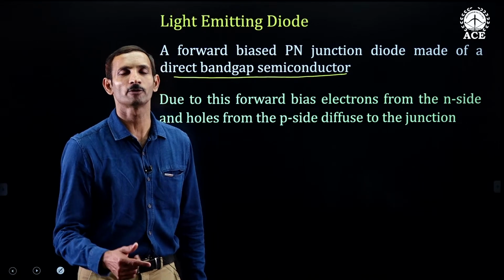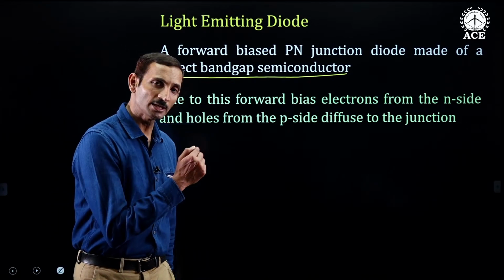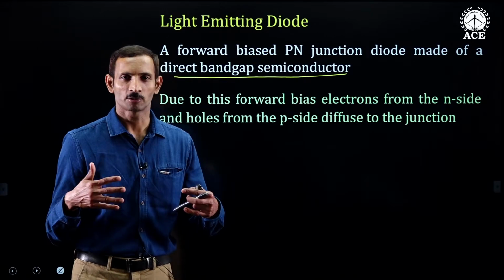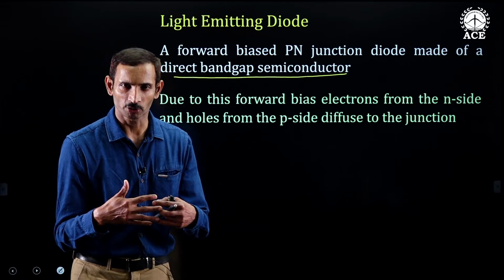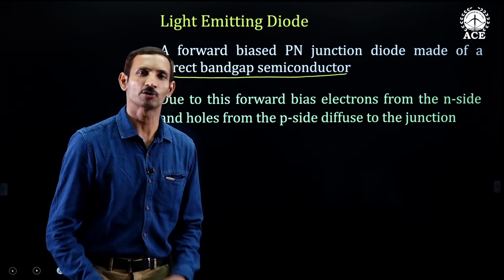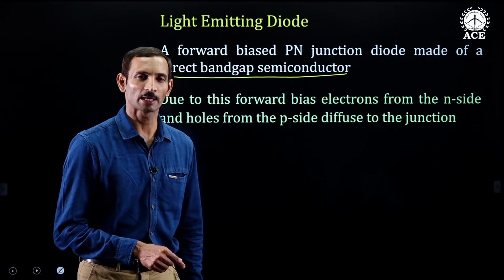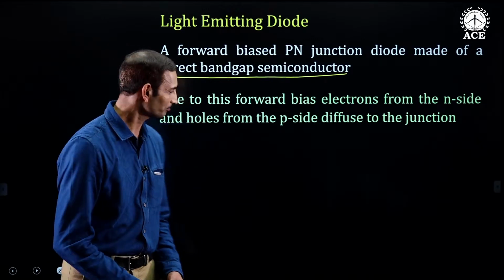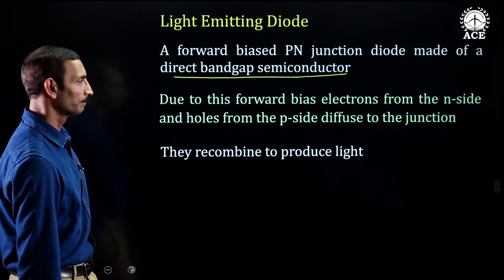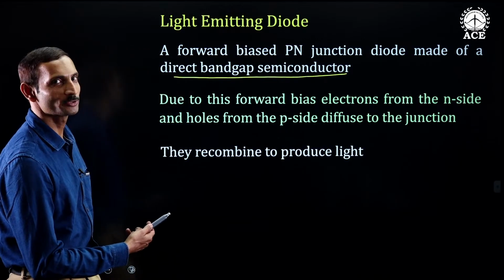So there will be current during forward bias. Now in these kinds of materials, the charge carriers, while they come to the junction, recombine with each other. When they recombine, if it's a direct bandgap semiconductor, light is going to come out. They recombine to produce light.